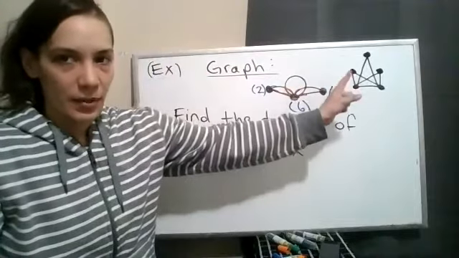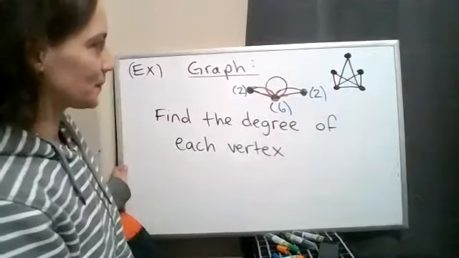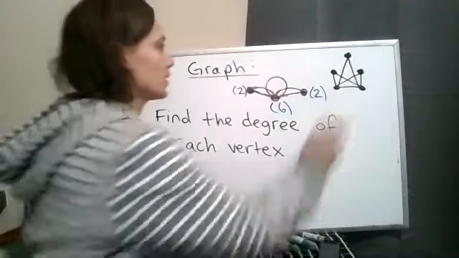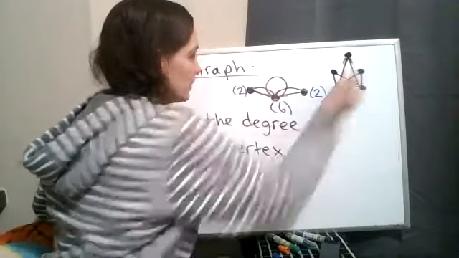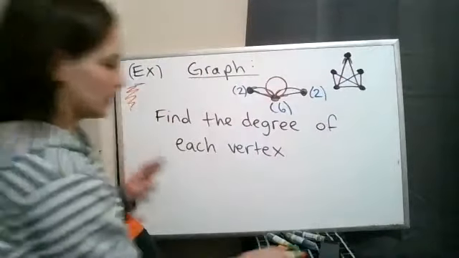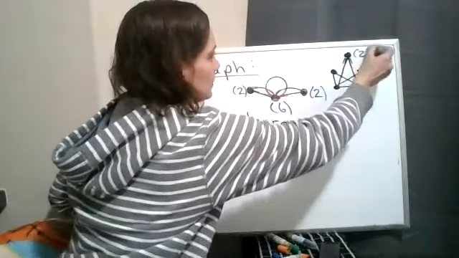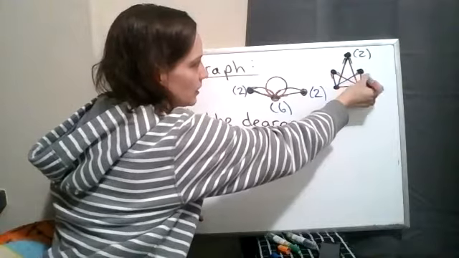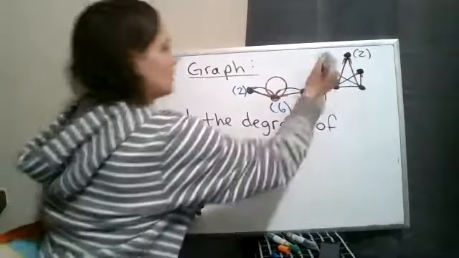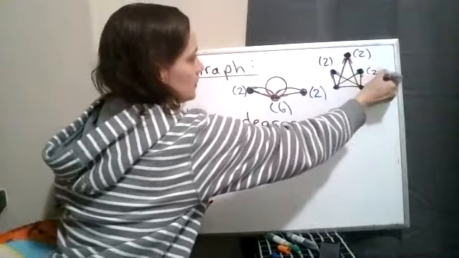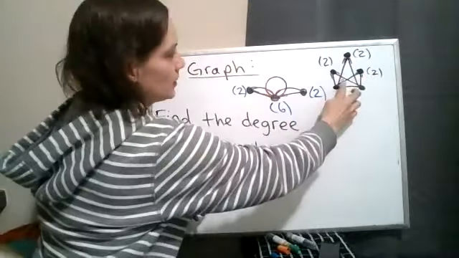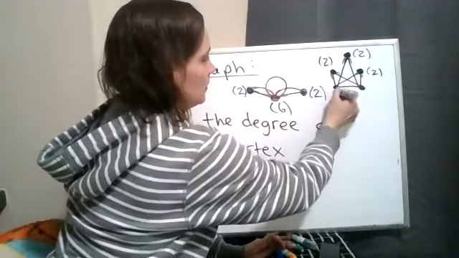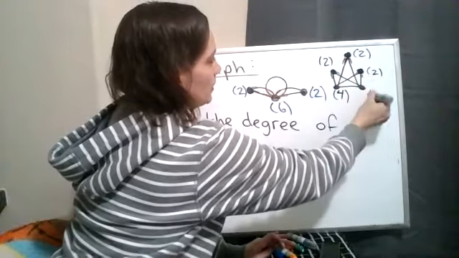Okay, then to the other component. Start at the top. We have degree 2. This is also degree 2 and 2. And 1, 2, 3, 4. 1, 2, 3, 4.